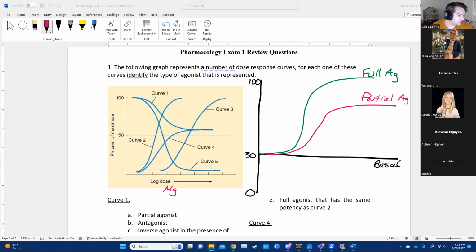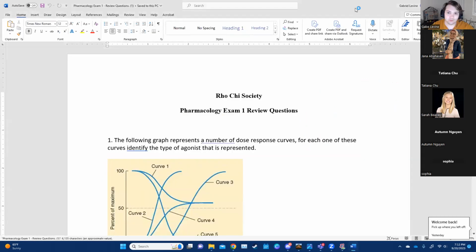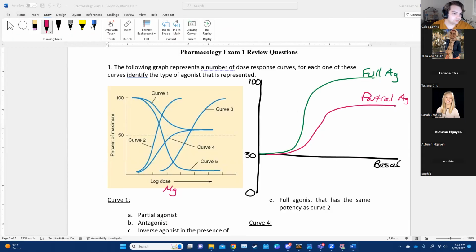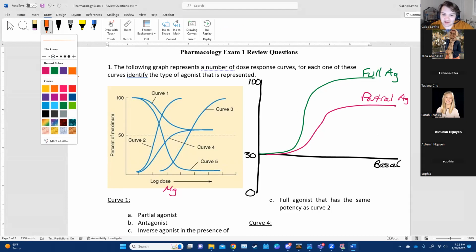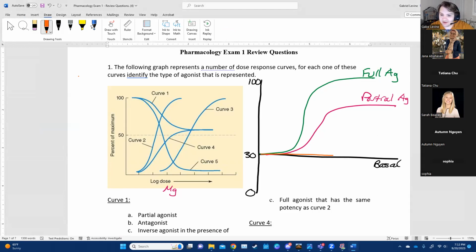An antagonist is going to keep the activity of the cell at the basal activity.